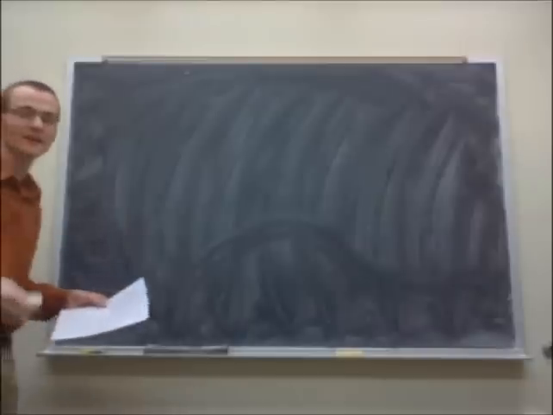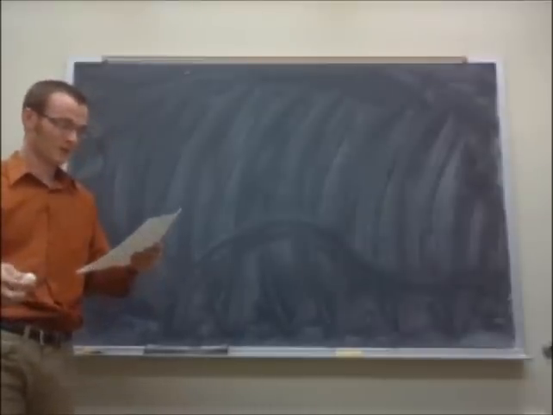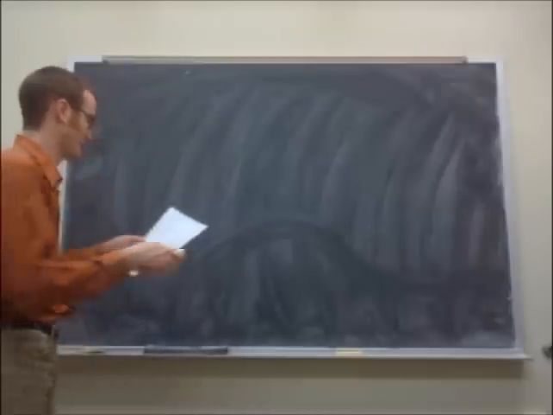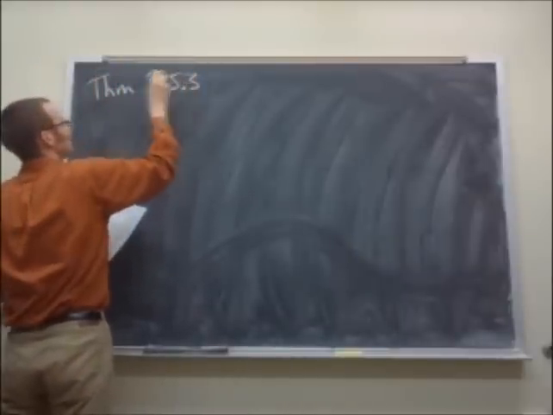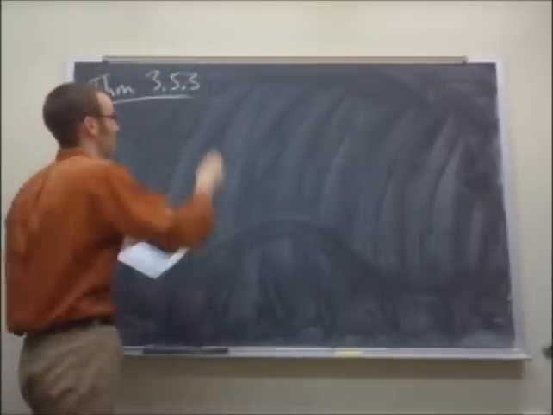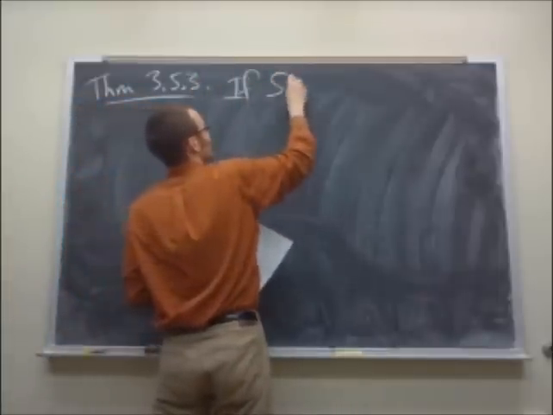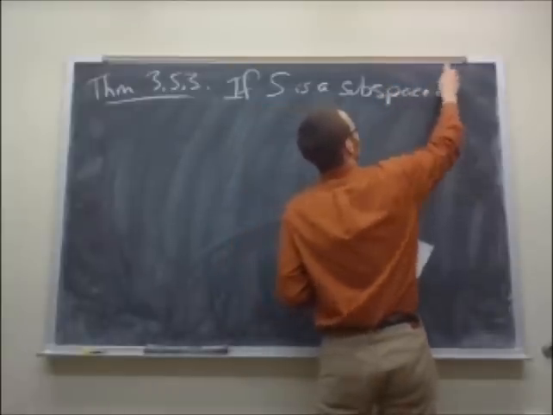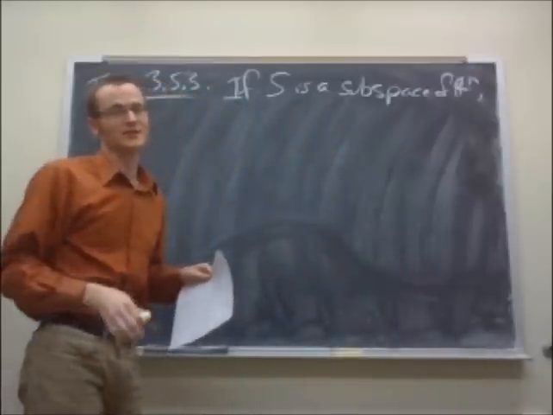So the first thing, the first theorem that we're going to have here, the first tool, is that we're going to essentially decompose Rn into two different subspaces. In the book, this is 3.5.3. It says, if S is a subspace of Rn, this is a subspace now, not just a subset.